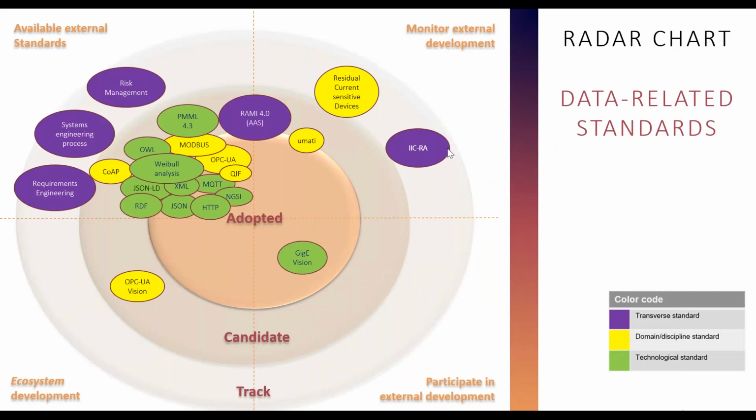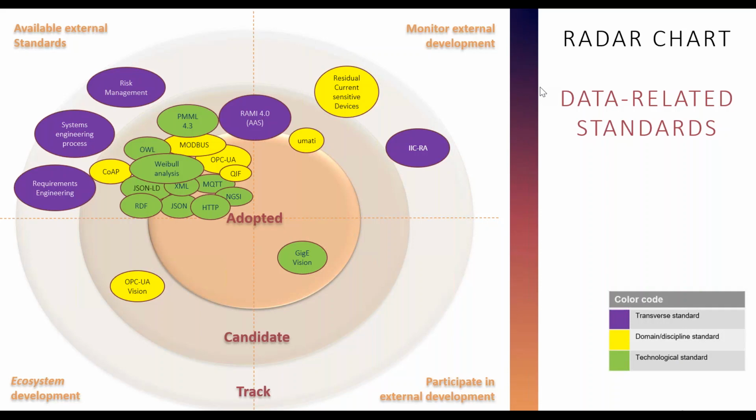Moving on to the first example. We perform this analysis in 2 separate examples. The first one, as you can see, is the data-related standards. Here for the ForeSee projects, we show the data-related standards that are more important to be highlighted.